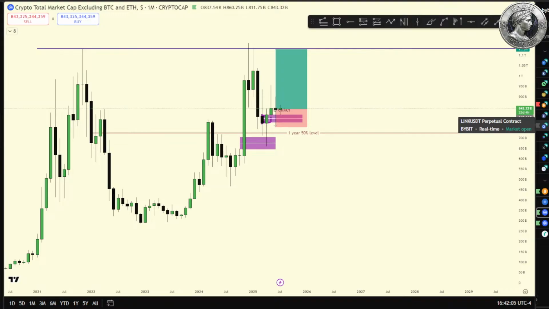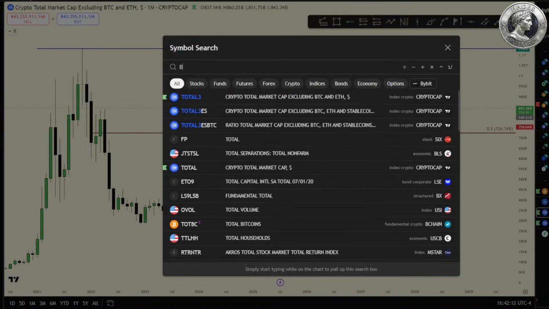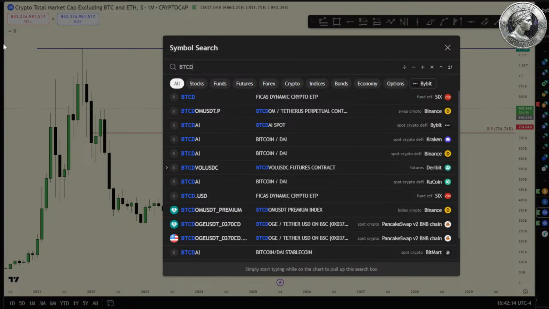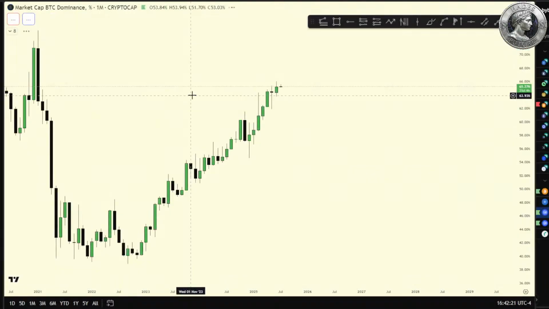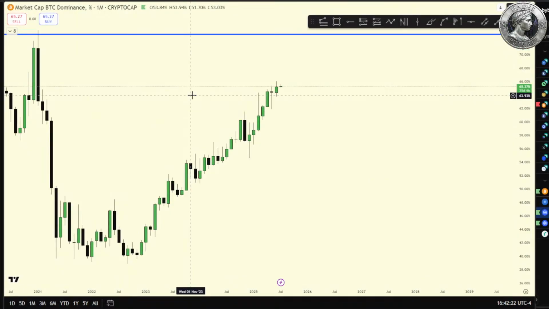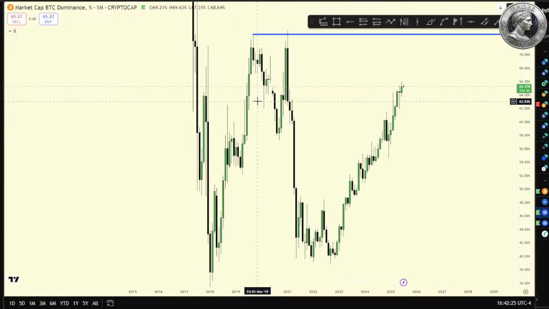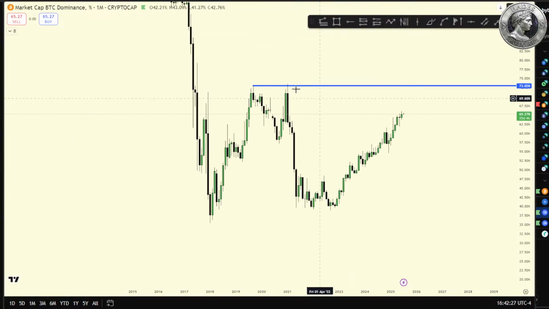Can you see that in the Bitcoin dominance, or do you only chart the total three? BTC.D. Look, it's still climbing. Still rising.